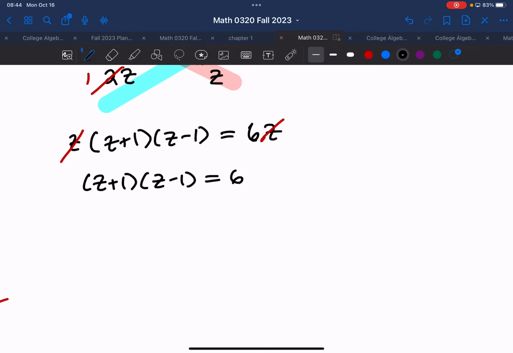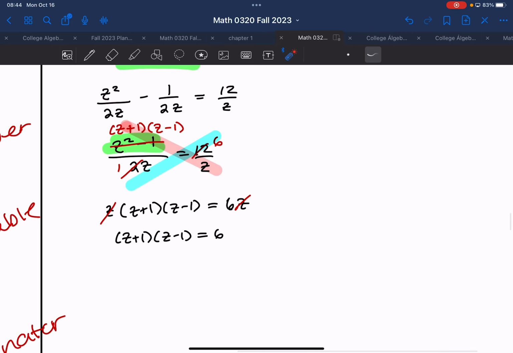So since this is quadratic, that means we need to have it equal to 0. But before I do that, I'm going to have to FOIL these back in. Or, if I remember from above, this z plus 1 times z minus 1 is the same as writing what?